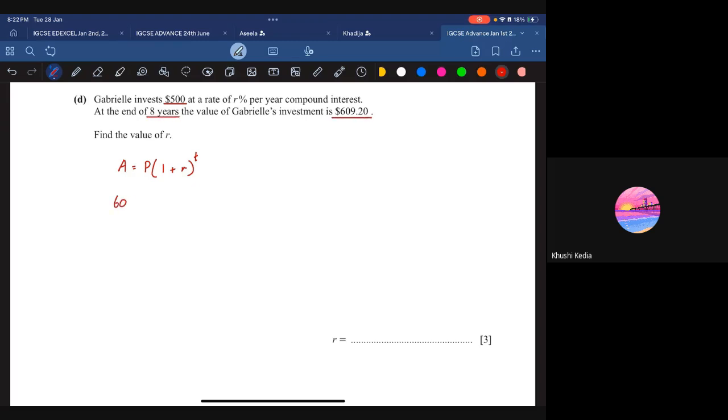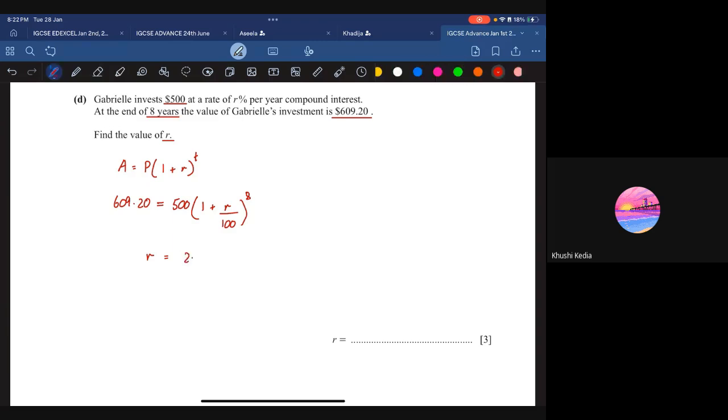So the final amount is 609.20, which is equal to the principal amount, which is 500, times 1 plus R percent. Now, because it says R percent and you need to find the value of R, it's going to be R over 100, raised to the power of T, which is 8 years. Now you need to find the value of R. So, Kushi, can you tell us the value of R? I got 2.5. Kushi gets 2.5.